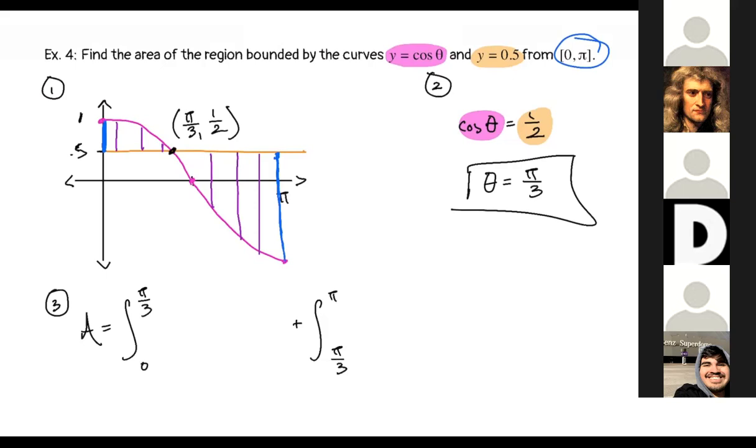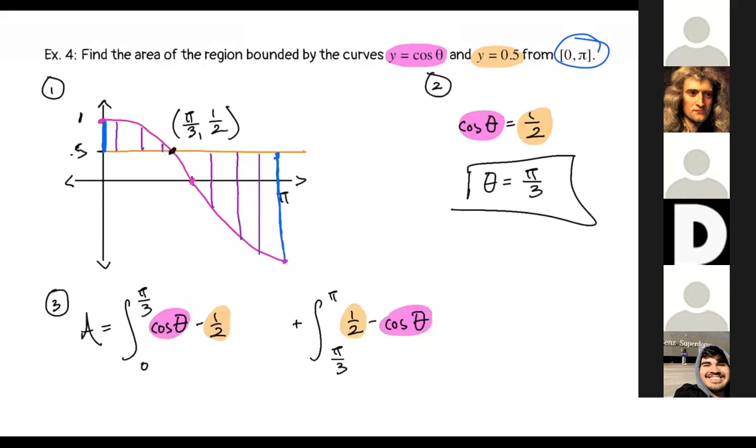And our functions, we're going to have cosine theta minus 1/2 here, and then over here, I'll have 1/2 minus cosine theta. So they just switch. Top over here is actually the bottom over here, and bottom over here is actually the top over here.